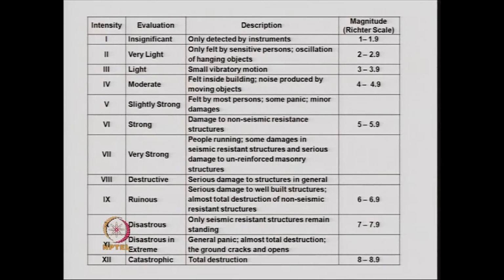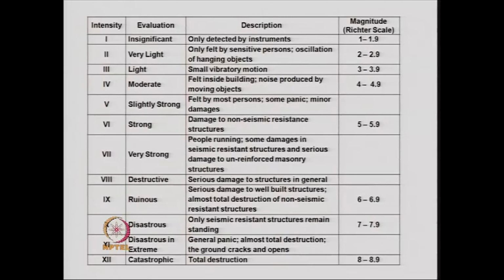Some kinds of noises are produced by moving objects. The associated magnitude is 4 to 4.9. Intensity 5 is evaluated as slightly strong, felt by most persons. Some panic is created, minor damages are observed.